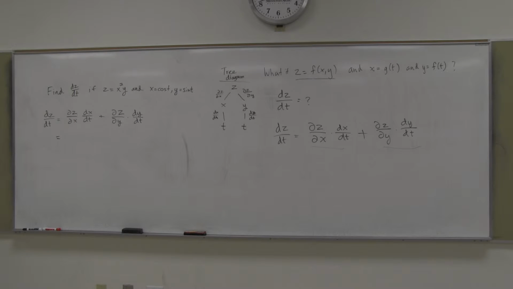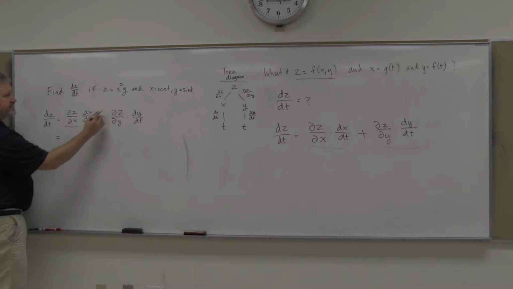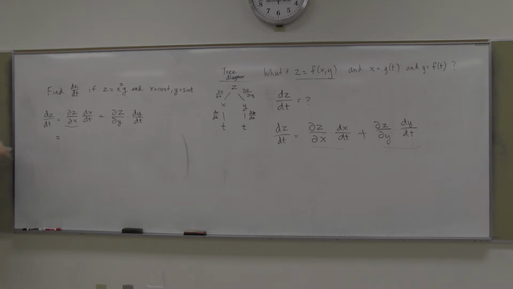So the derivatives follow the same rules as we've been talking about. Again, this is a partial because z is in terms of both x and y, so that's why we use the partial notation, and then x is just in terms of t, so that's more a direct derivative.